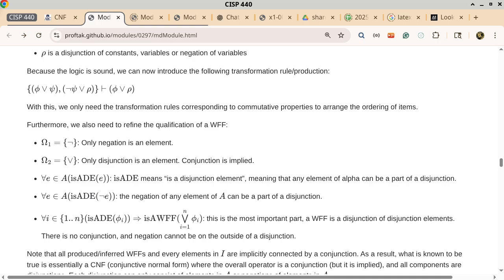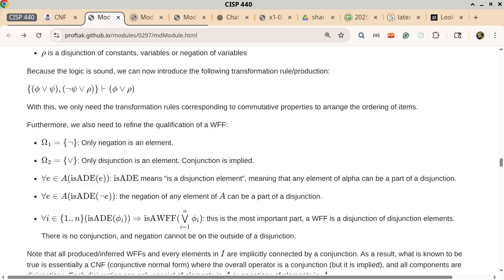A predicate in this case is a short form for a disjunctive element, which is also explained here. It explains that every element in alpha is automatically a disjunctive element, which basically means it can be in a disjunction.